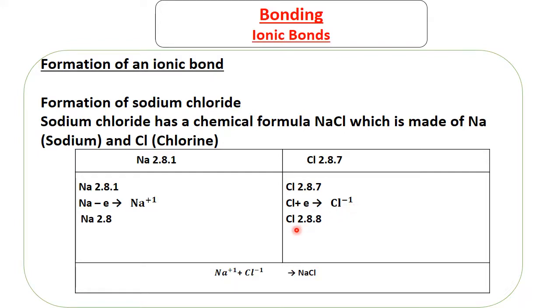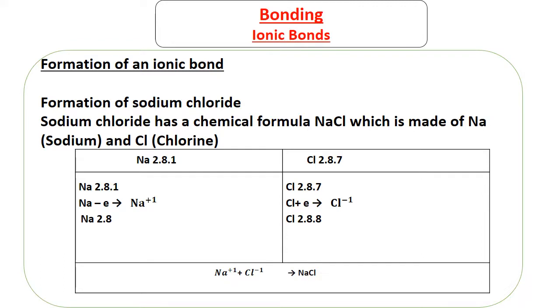Its new electronic configuration is going to be 2,8,8. Therefore, sodium chloride is going to be formed. In short, this is the balanced chemical equation representing what happens: Na+ plus Cl- combine to form NaCl.